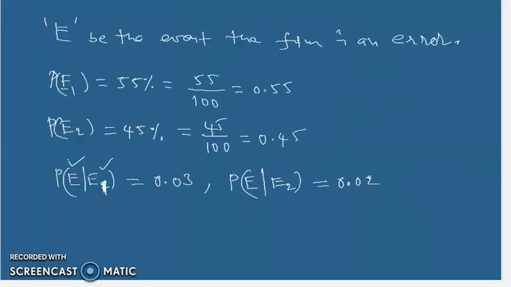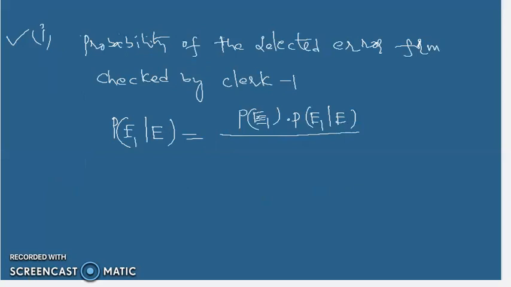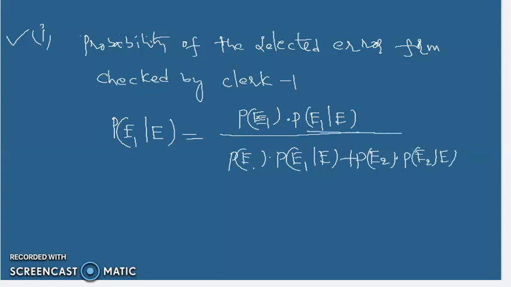So P of E1 into P of E by E1 plus P of E2 into P of E by E2. Okay. So this is from Bayes theorem.